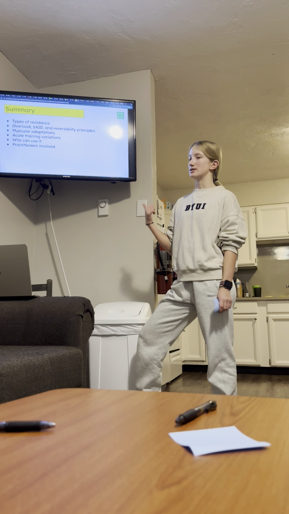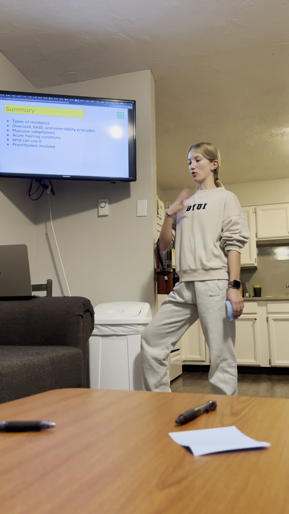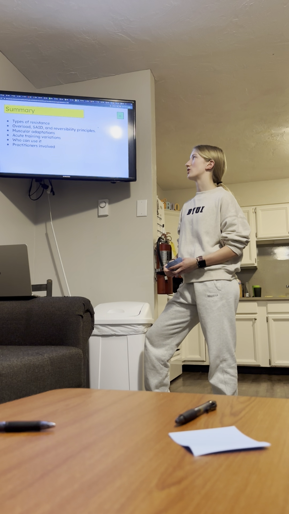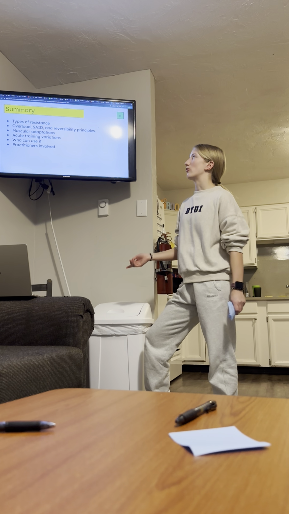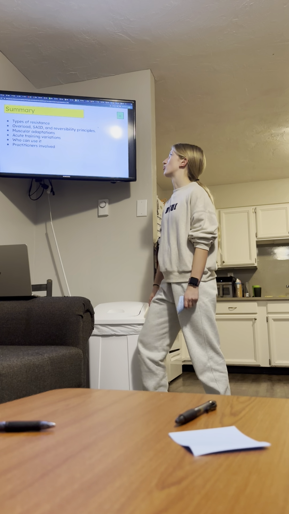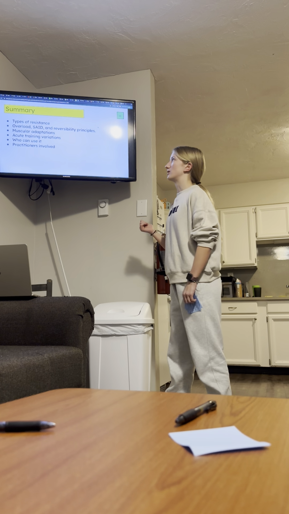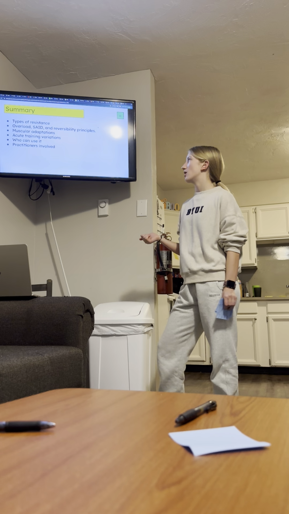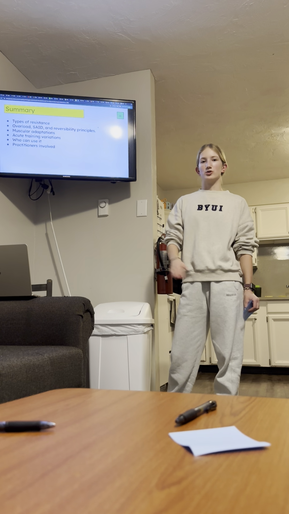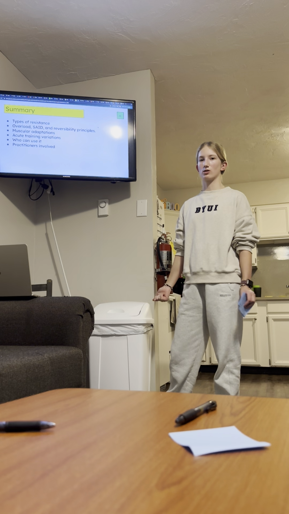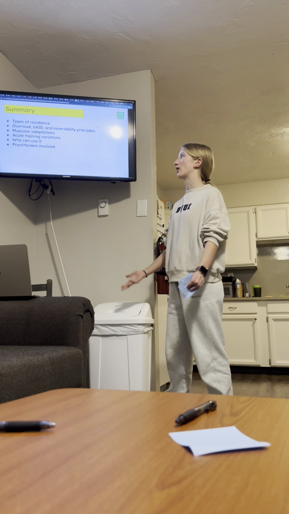Then we talked about the SED principle, which is according to yourself, what your goals are and what that workout looks like for you. And then we also talked about the reversibility principle, which is just how if you don't exercise, it will be reversed and you will become weaker and look smaller.